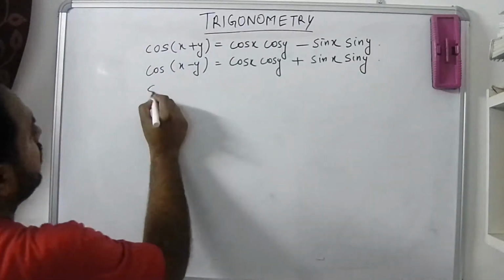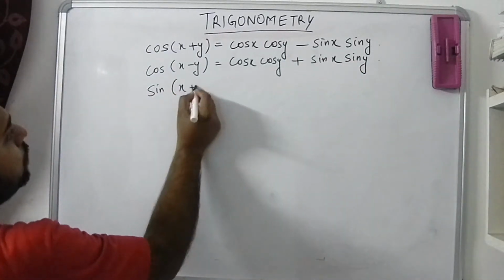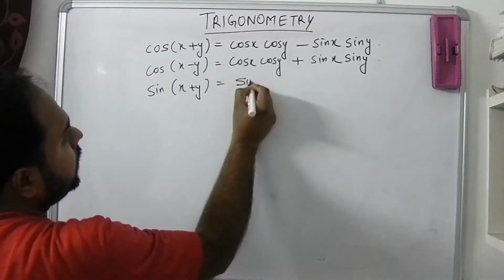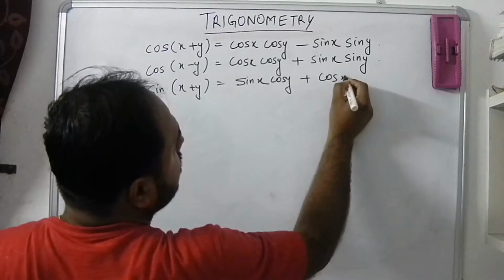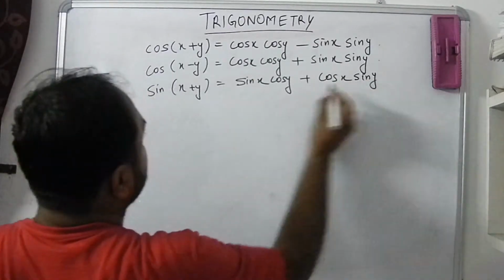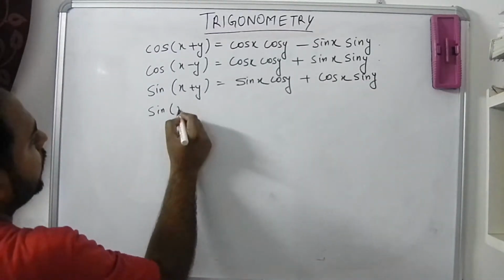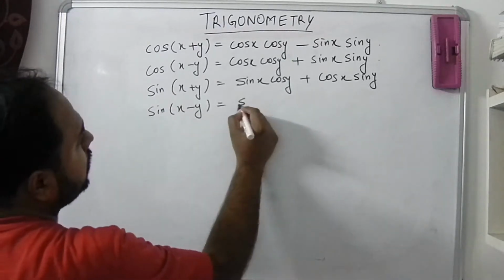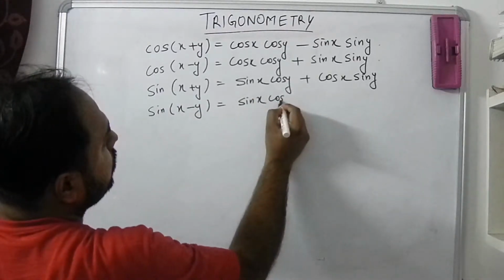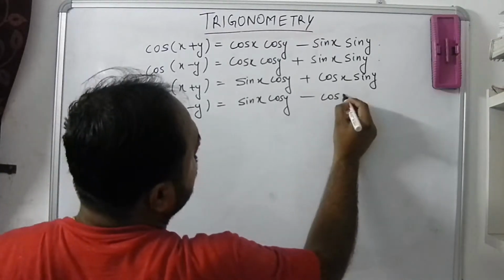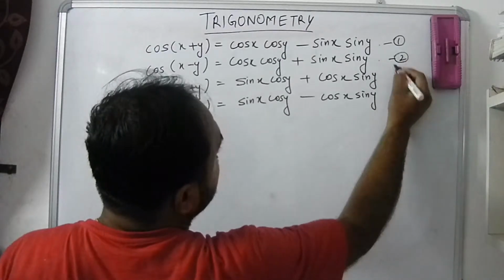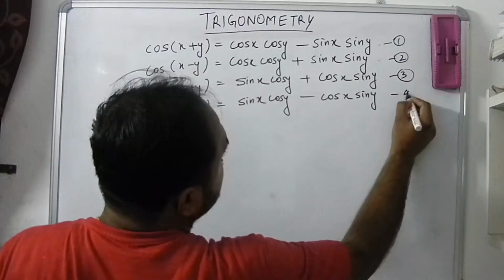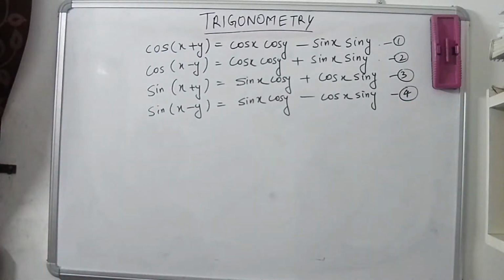Then we have sin of x plus y is sin x cos y plus cos x sin y, and sin of x minus y is nothing but sin x cos y minus cos x sin y. So these are the four equations that we already derived. The first one was derived and the rest were automatically taken care of.